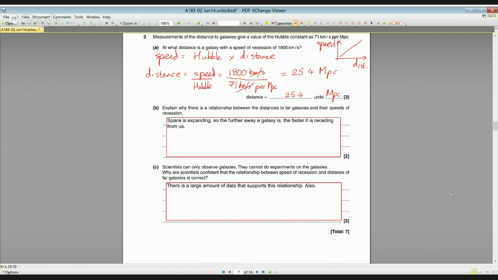Also, scientists have come up with a plausible, so a realistic, mechanism to explain the relationship. In this case, that would be the expanding universe and the Big Bang.